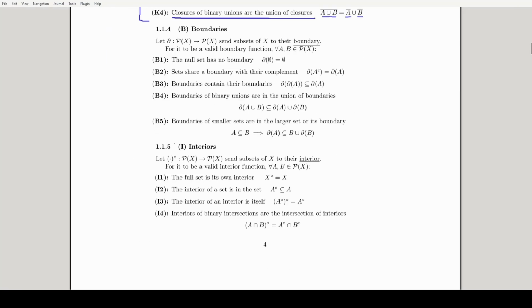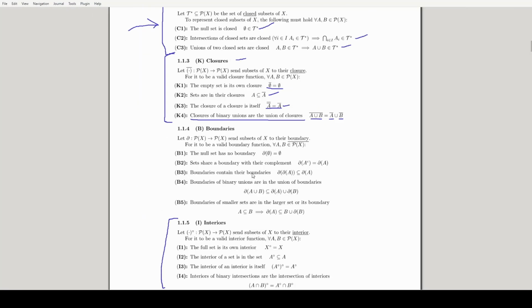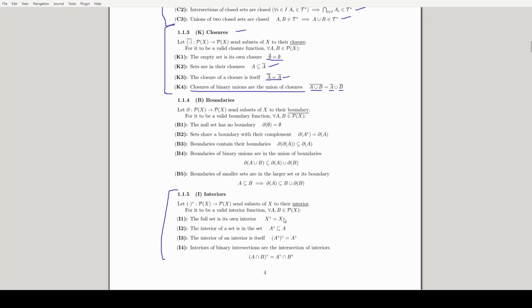Next, I'm going to skip over boundaries for a second and go to the interior. The interior is very similar to the closure. Instead of the empty set, it's the full set. The full set is its own interior, instead of the empty set being its own closure. The interior is removing everything the outside touches, so it's only removing points, so it's smaller.